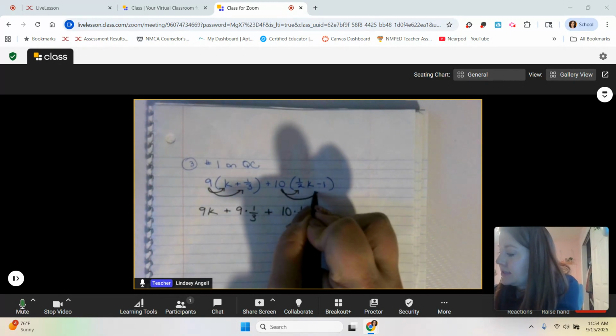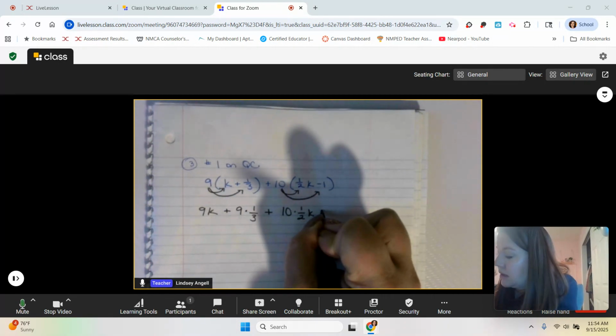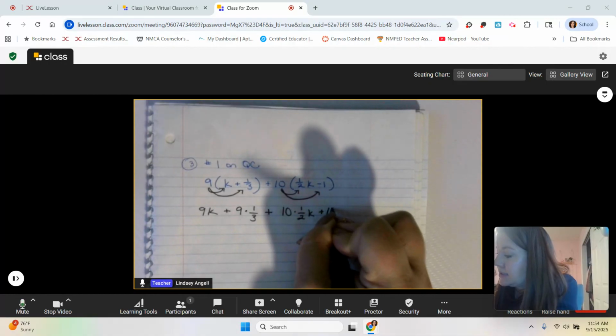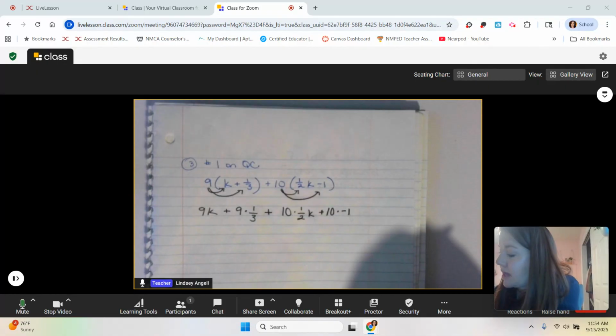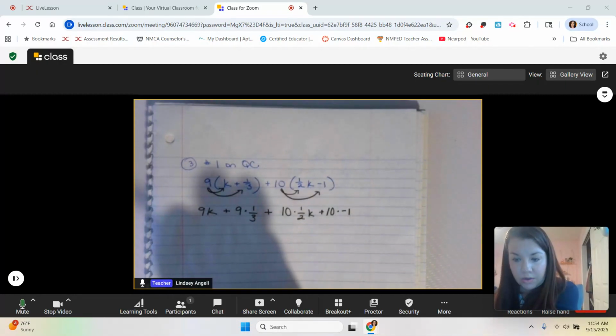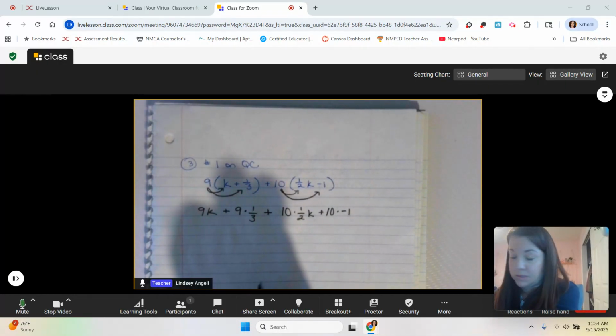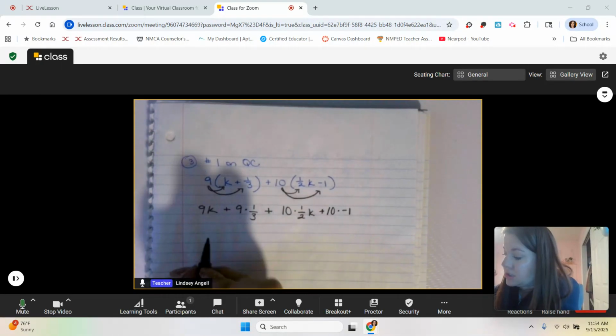And then we could say plus 10 times -1. There's that -1, we've got to have that in there too. So next we'll do our multiplication. So 9k is just on its own for now.